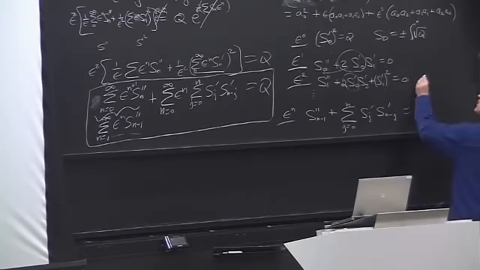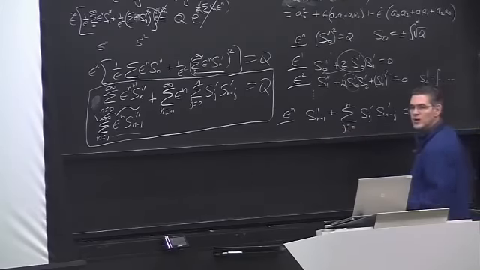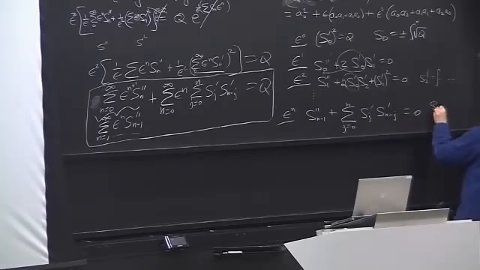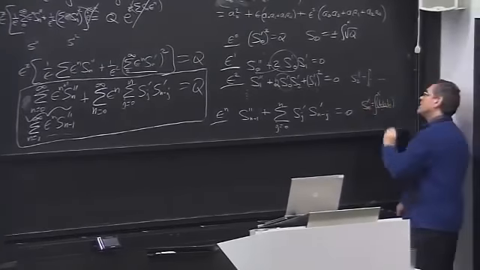So I can immediately say what S2 prime is, and then I take off the prime and integrate it, and I'm done. And in general, here's the nth equation. I can immediately solve for Sn prime, divided by something or other, and integrate it.